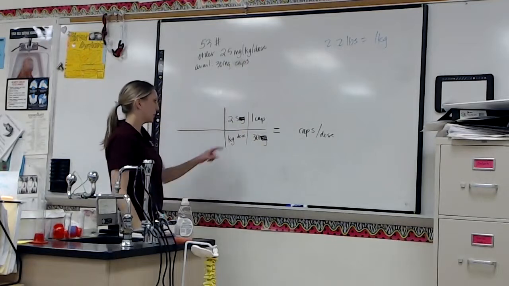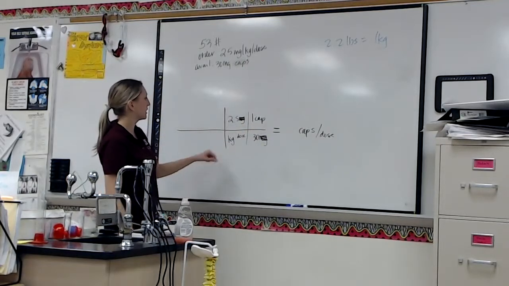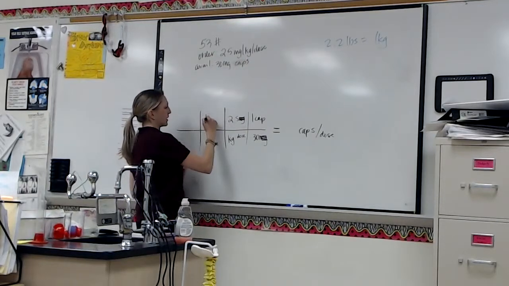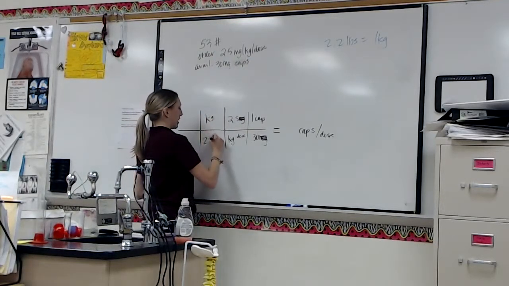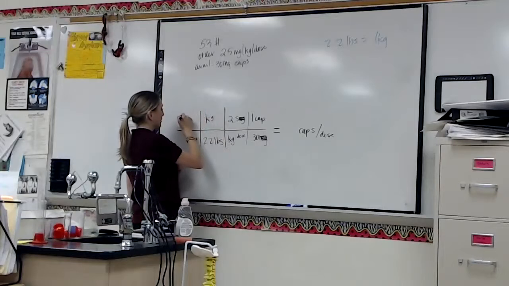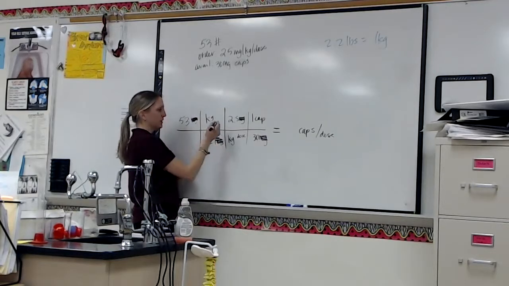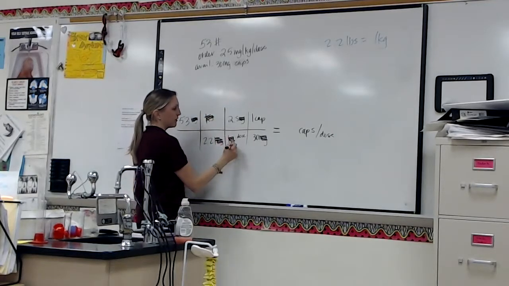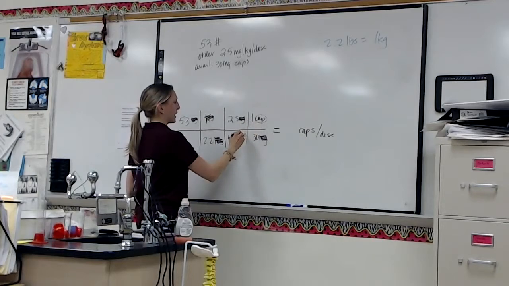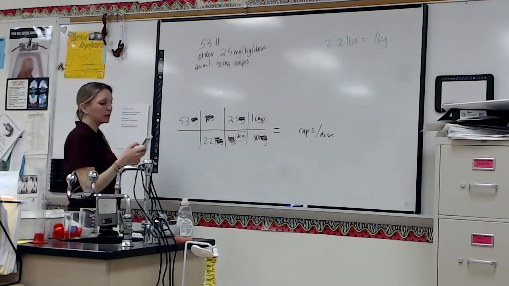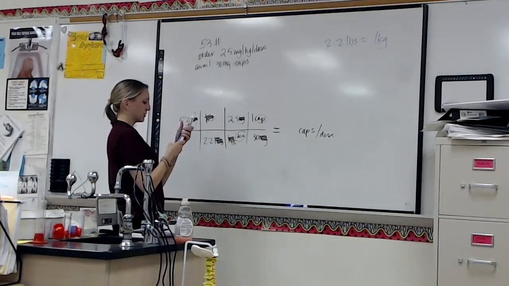Okay, we want caps, but now we've got kilograms down here we've got to get rid of. So I know that in every kilogram we have 2.2 pounds, and there's 53 pounds. Okay, make sure I cross out all of my units that can be crossed out from top to bottom. I end up with capsules over dose, which is what I wanted. And then I can actually just multiply straight across.